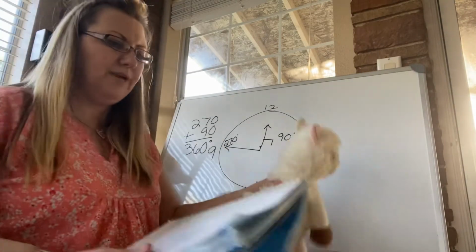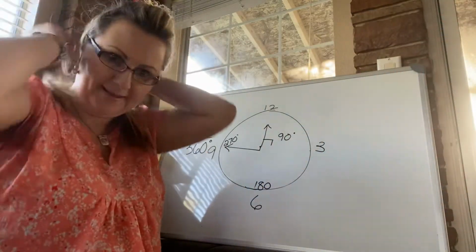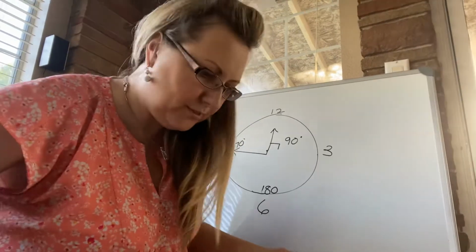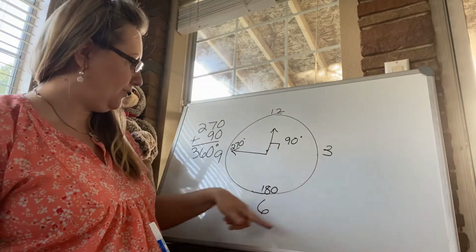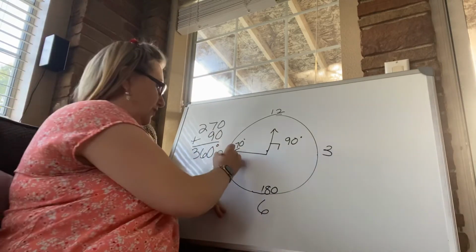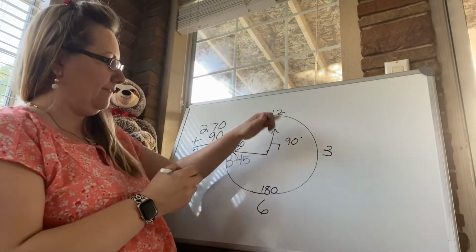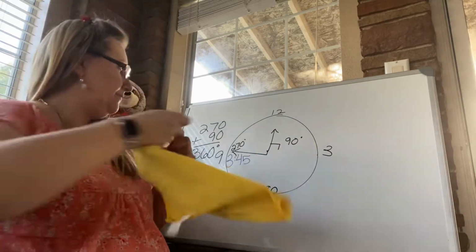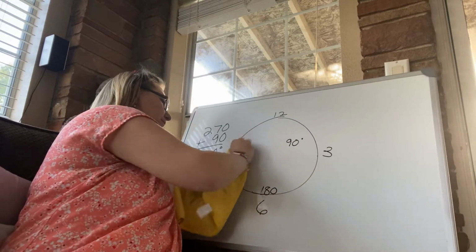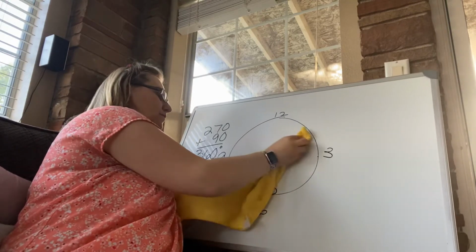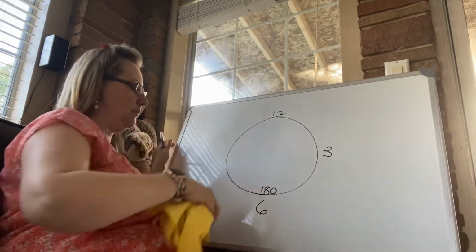It says from 3 o'clock, thank you, little lamb, back to Izzy's bed there, okay? So the question was from 3 o'clock to 3:45. Isn't this where 3:45 is? Let me fix this clock up a little bit. Erase all the extra stuff.